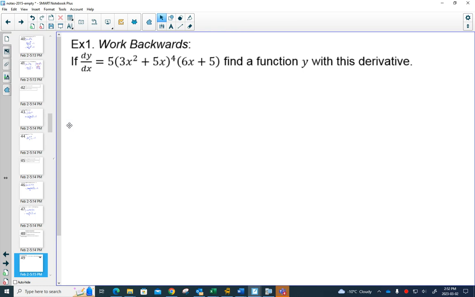This was a question in your chain rule notes in derivatives. This one, we see 3x squared plus 5x as an inside function. Its derivative is right there.